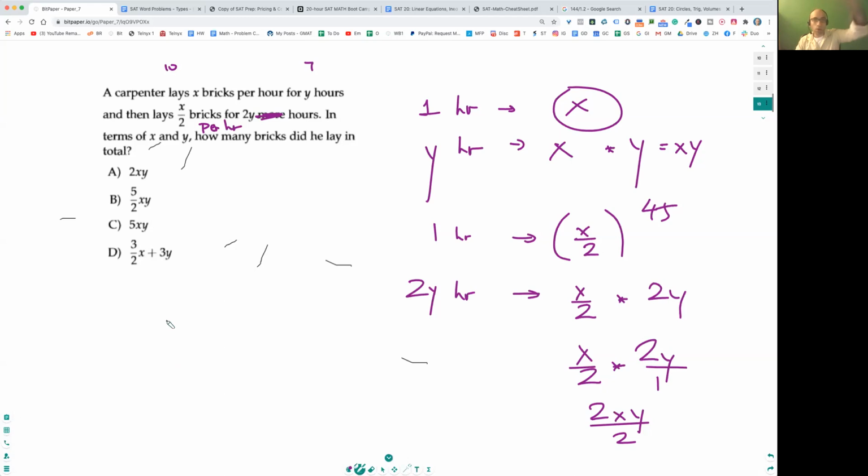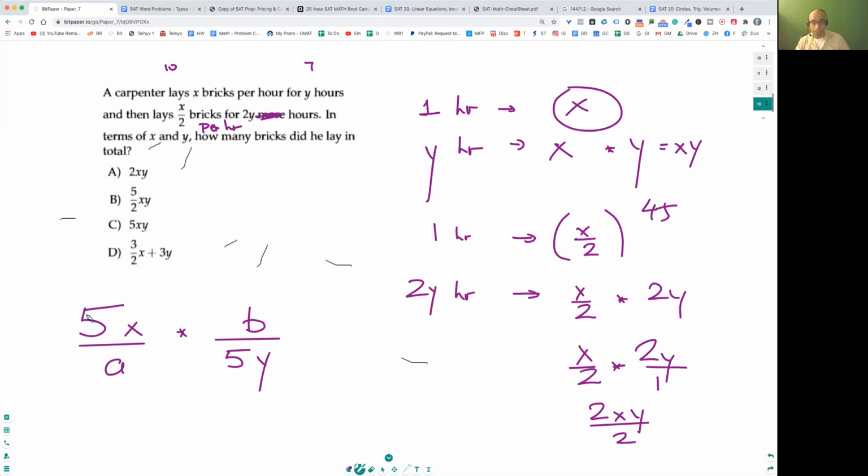So let's take another example, okay? Let's take a whole new fresh example. Let's say you got 5X over, let's say, A, some other variable, right? Times B over 5, another variable like Y. So they're all different variables now.